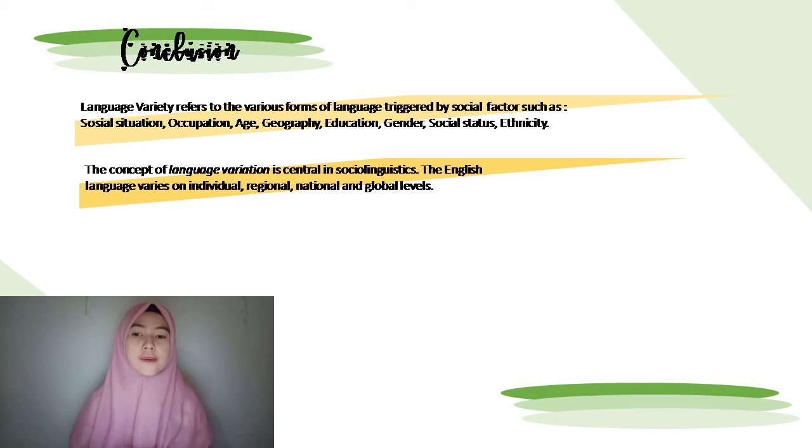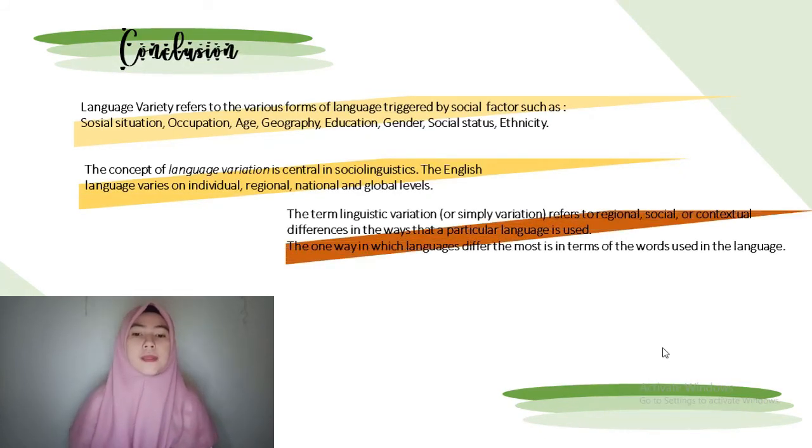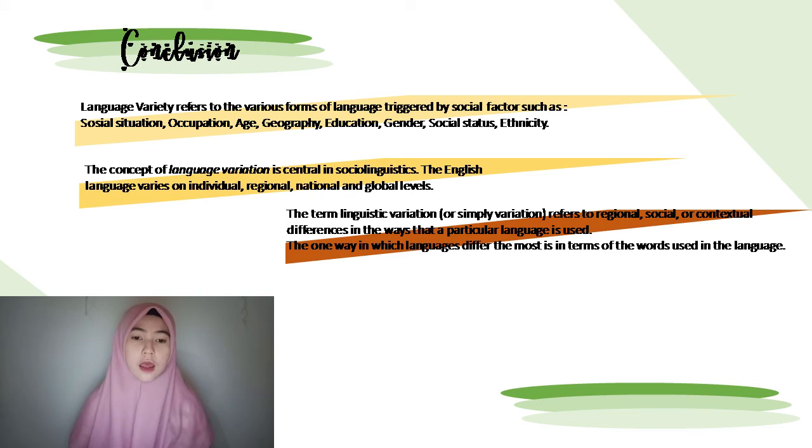The English language varies on individual, regional, national, and global levels. The term linguistic variation refers to regional, social, or contextual differences in the ways that a particular language is used. The one way in which languages differ the most is in terms of the words used in the language.